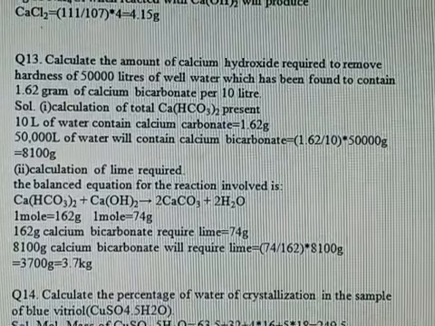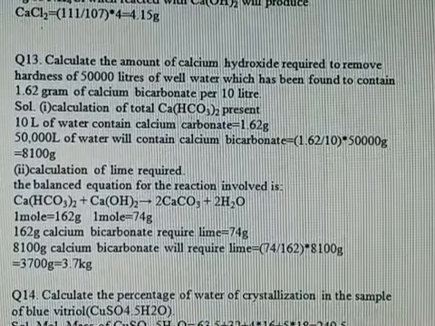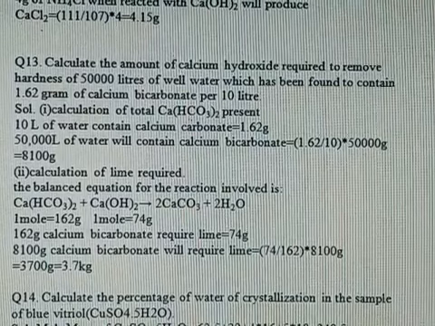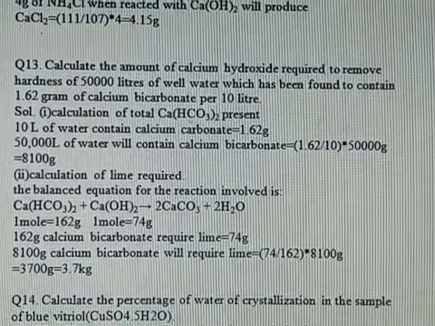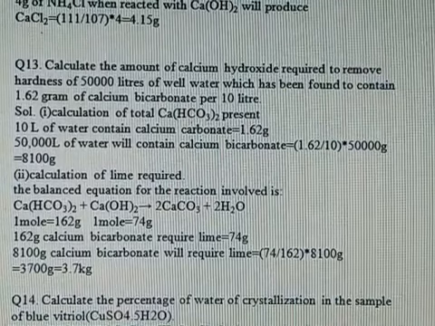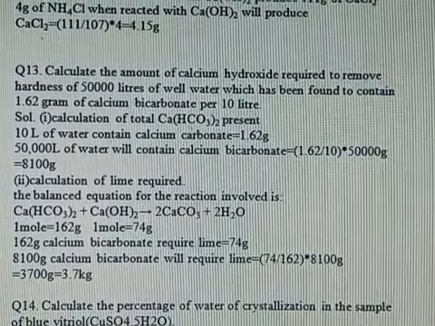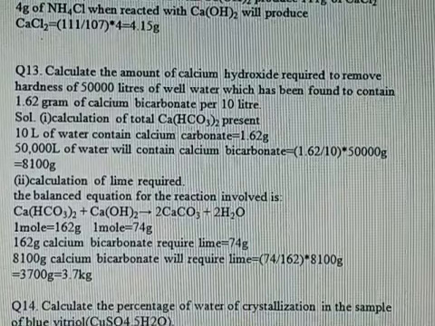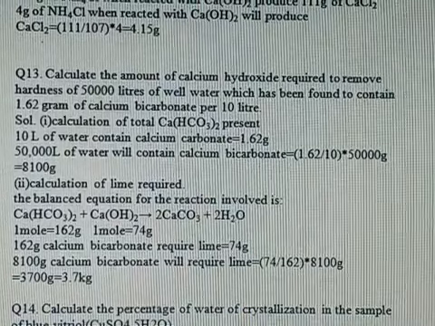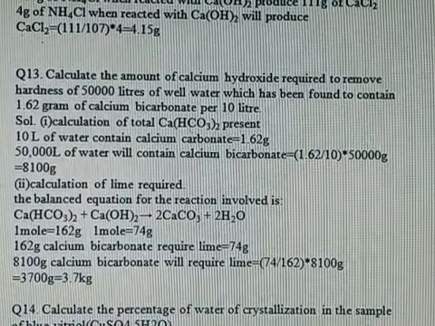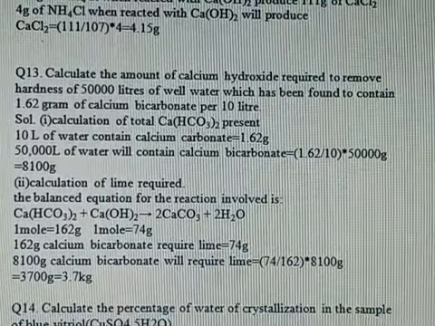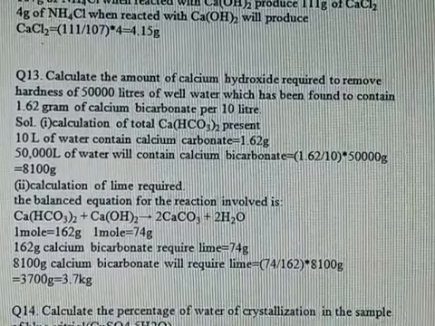So here we will find out the total calcium bicarbonate present in 10 liter of water, which is given in the question as 1.62 gram. So in 1 liter of water, calcium bicarbonate present is 1.62 divided by 10. Again we are using the unitary method.